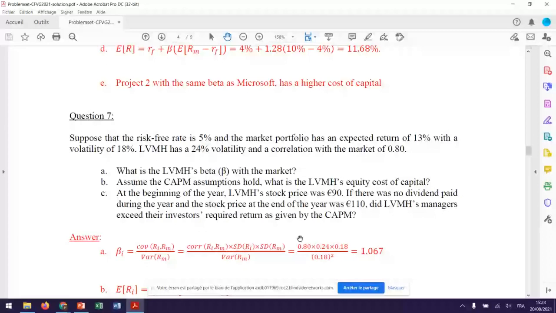I just plug in those numbers. So I get the beta of 1.067, which is the beta of LVMH. It seems luxury stock has a higher beta than food stock or pharmaceutical stock. That makes sense, doesn't it?